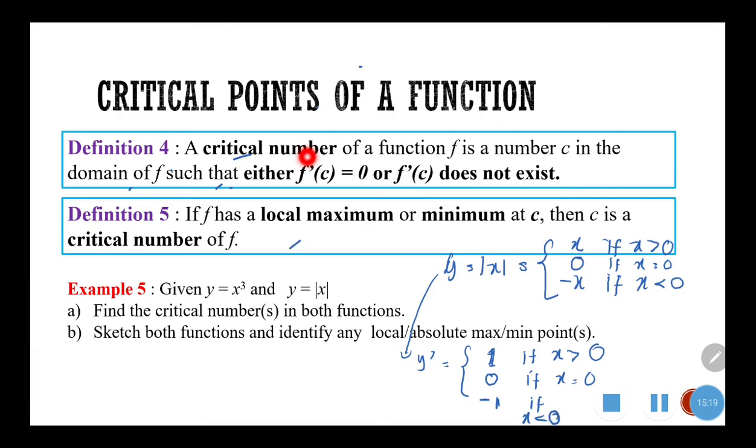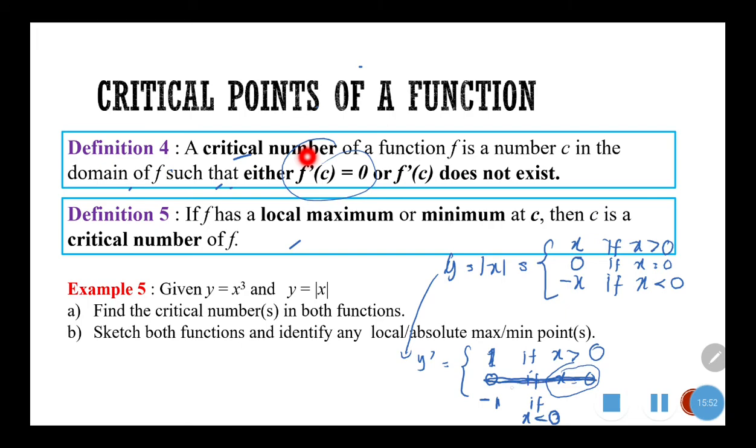Okay, so now what can we conclude? y prime will be 0 when x is equals to 0, can we say that? Okay, if you remember, okay, this is not correct.